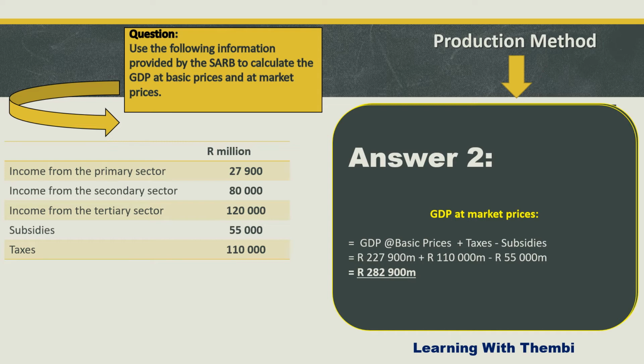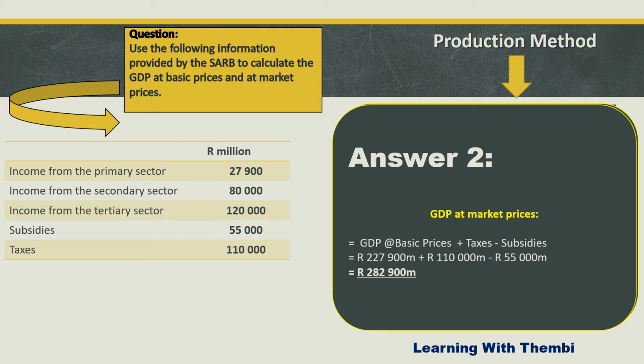Then you add the 110,000 million rand, which is your taxes, and you subtract the 55,000 million rand, which happens to be your subsidies. And the total of your GDP at market prices will be 282,900 million rand.